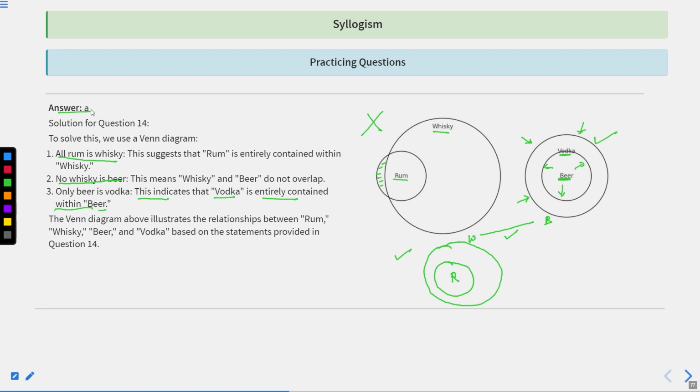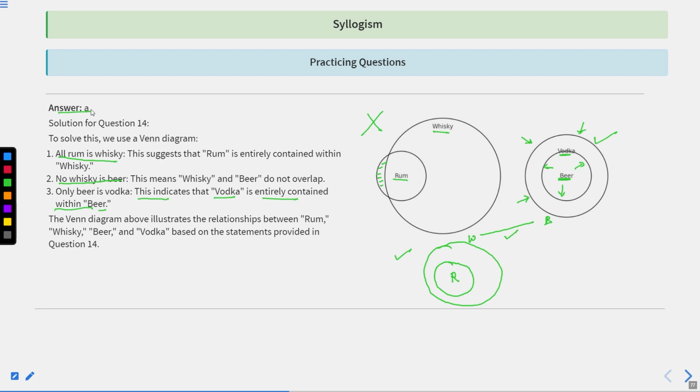So if you use this approach, if you cross verify whether the Venn diagram as well as the statement are resonating, and post that you figure out whether the conclusions are being directly inferred from the statements, then your answers will obviously be 100% correct. There is no doubt that your answers might be wrong.